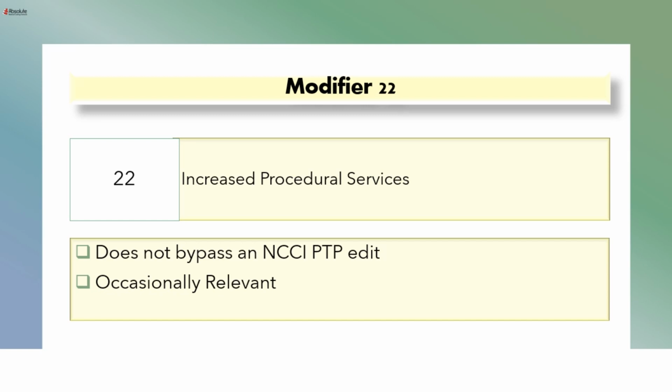And then after that, basically it can be evaluated to determine whether additional payment is justified. So pretty much the MAC would then evaluate that unusual procedural service and determine whether additional payment is justified. So sometimes modifier 22 is a relevant modifier. However, just keep in mind it does not bypass an NCCI procedure to procedure edit.